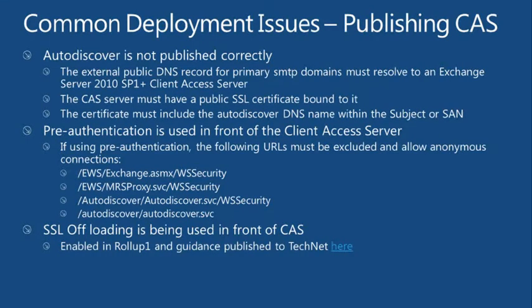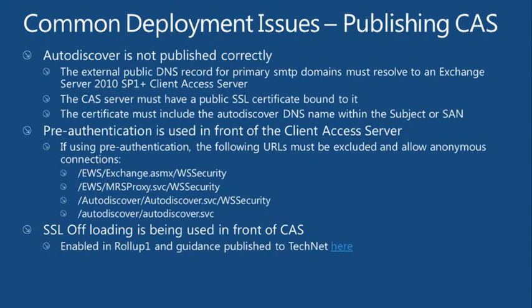But it can't tell whether that client access server is 2007 or 2010. So you may get a green tick from testexchangeconnectivity.com and you fail here. And that's because there's an extra requirement that the autodiscover record needs to resolve to 2010 SP1 or higher.